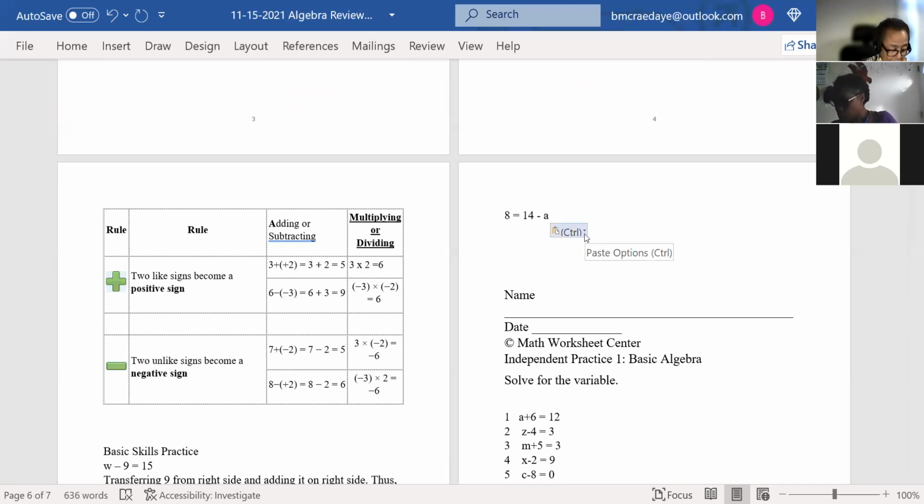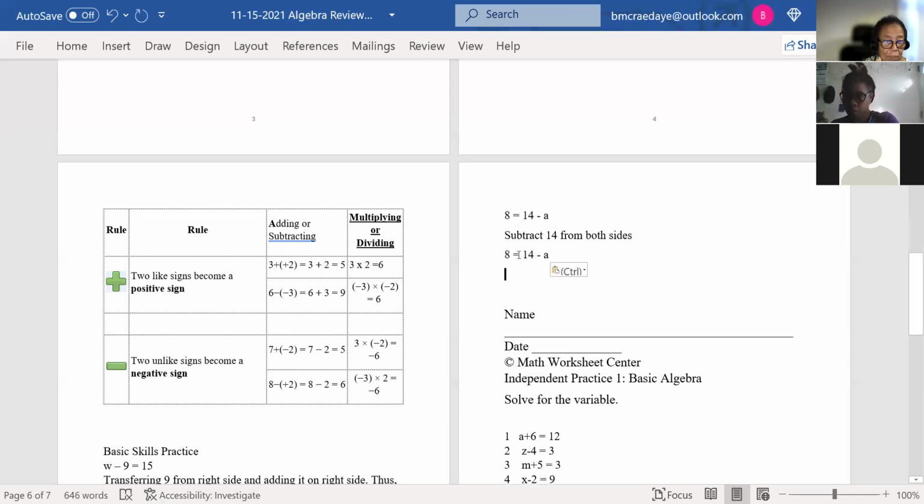Subtract 14 from both sides. So let's just do that. Let's take this equation, subtract the 14. Subtract 14 on the left. So we have to do that to keep the equation in balance. Subtract the 14 on the right.